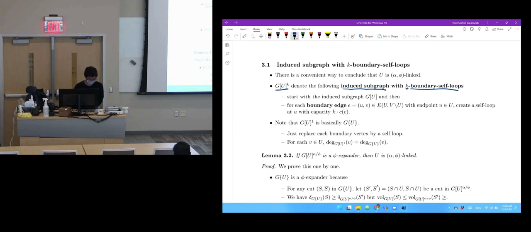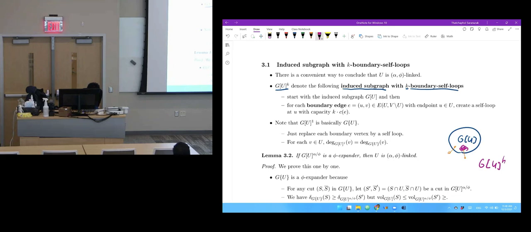This is something that I have defined, right? You start with the induced subgraph, and then for every boundary edge, you create k self loops.